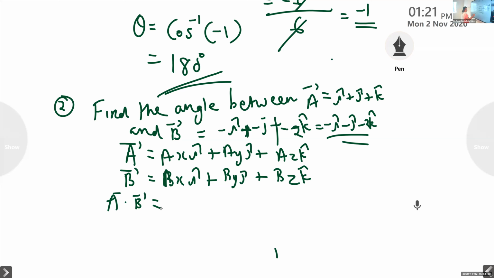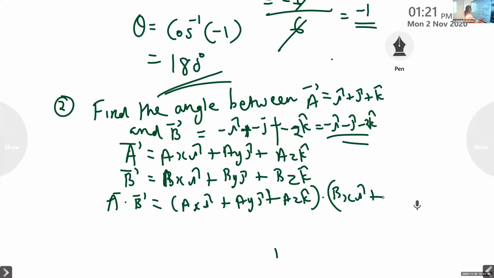Instead of writing these steps, you can directly go to this, okay? Because we are getting the same components only. Previously we wrote it elaborately. In this case, we don't have to write this many steps. Once you have nicely learned this pattern, you can skip these steps.